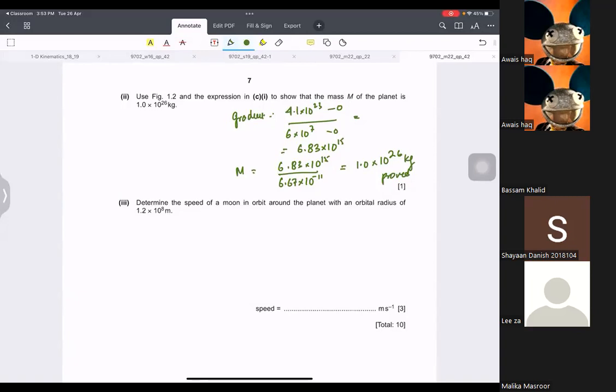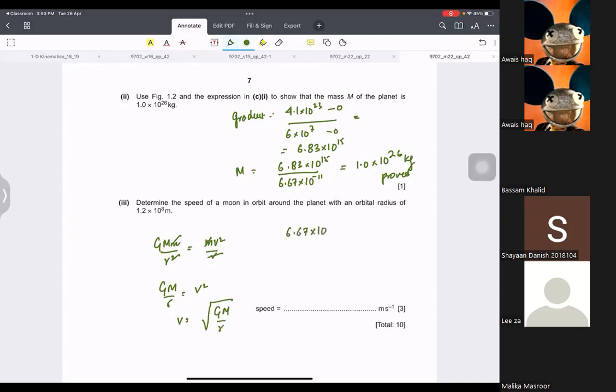For speed, what we can do is we have G, we have the mass, we have the radius. Okay, so GMm over r square is equal to mv square over r. You can cancel. GM over r equals v square. So v will be under root of GM upon r. So let's use it.